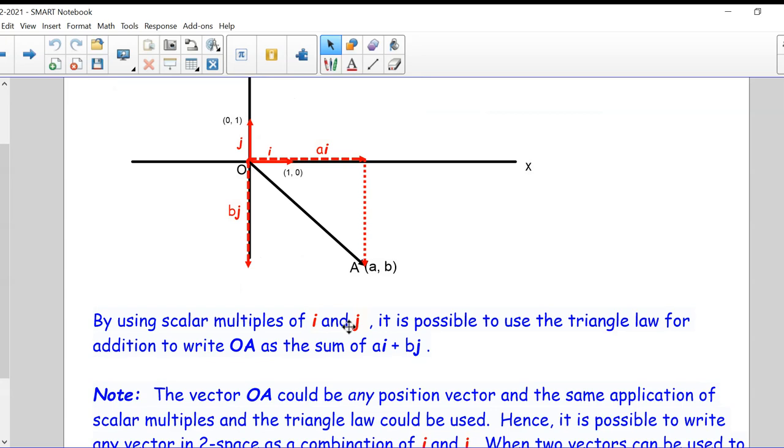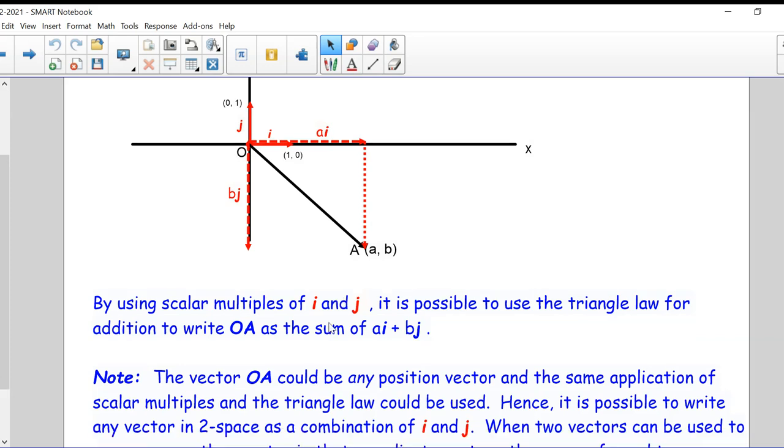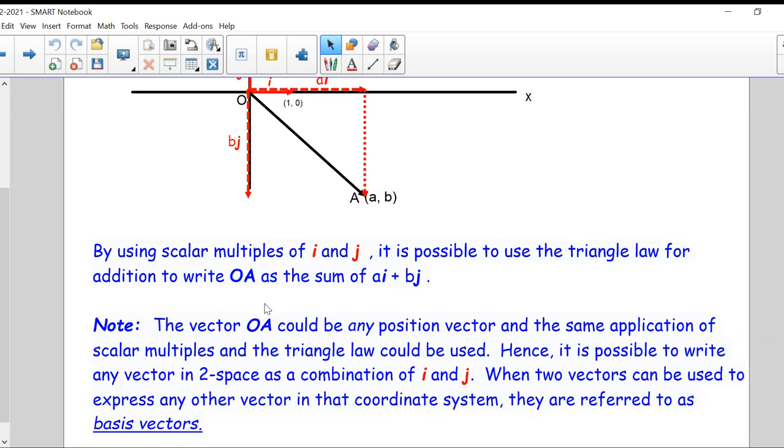Using scalar multiples of i and j, it's possible to use the triangle law for addition, which we talked about before, to write OA. If you just consider any point in this space right here, I can get from the origin to that point by simply scaling i and scaling j. That's, as I said, using the triangle law.